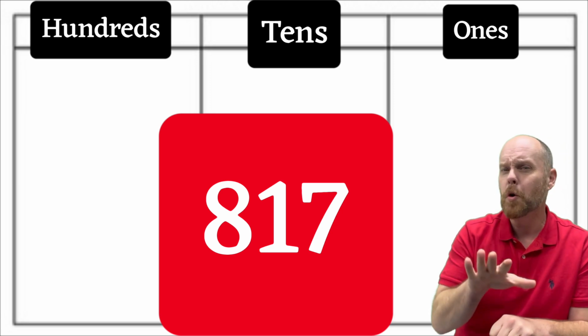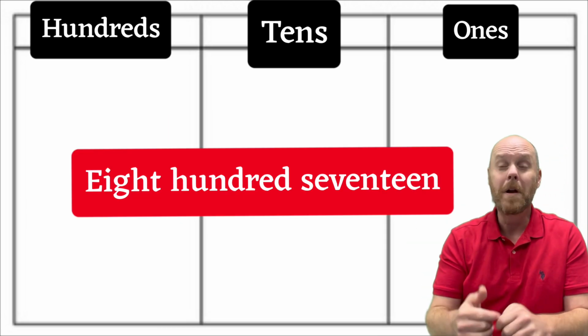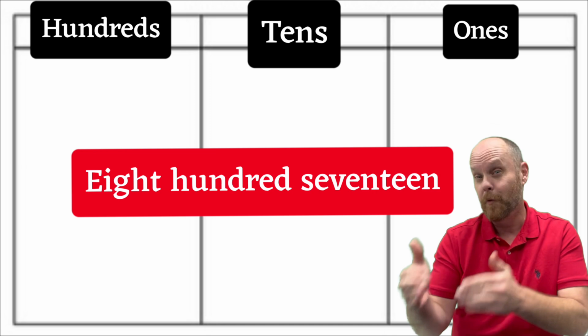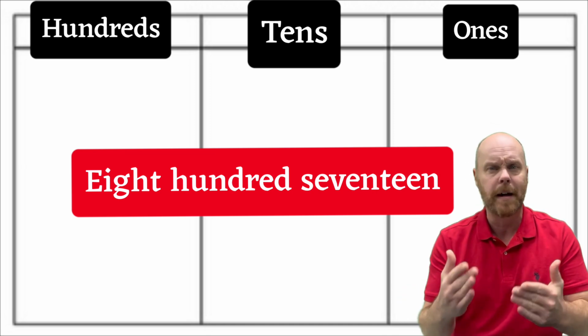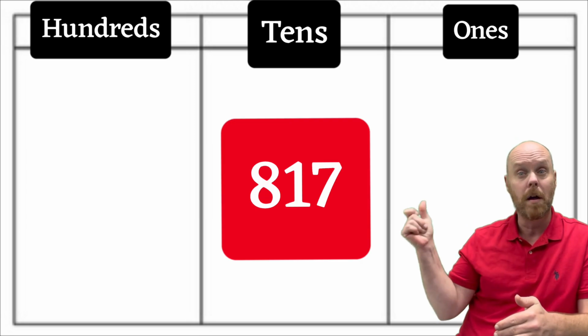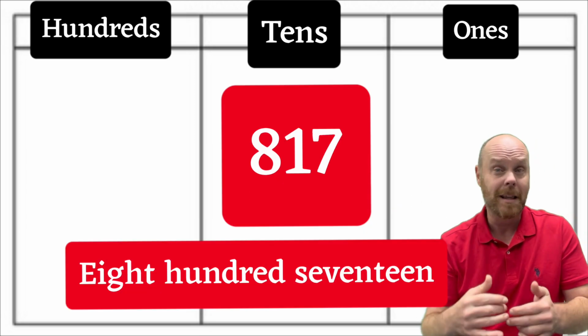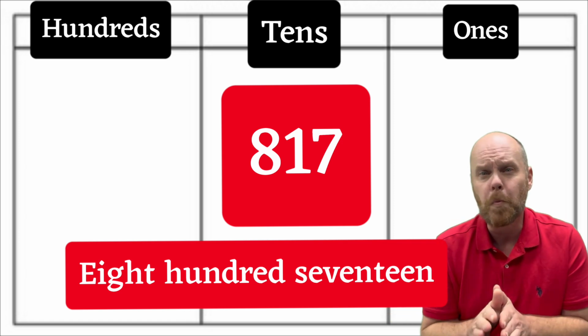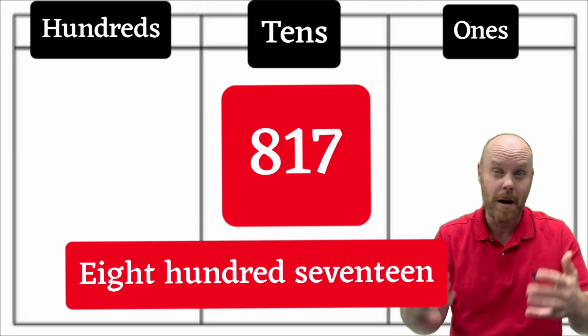Wait a minute, if we turn that into words, we just changed it to word form. See, so already we've identified 2 ways to identify a number. We have the number form and the word form right there. See, those are the 2 most common and easiest ways to identify numbers.